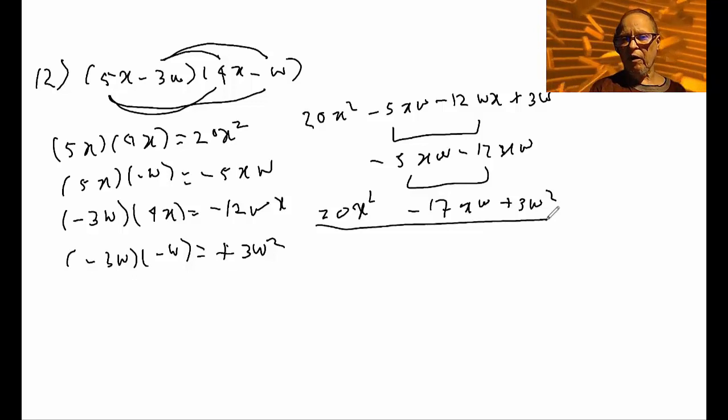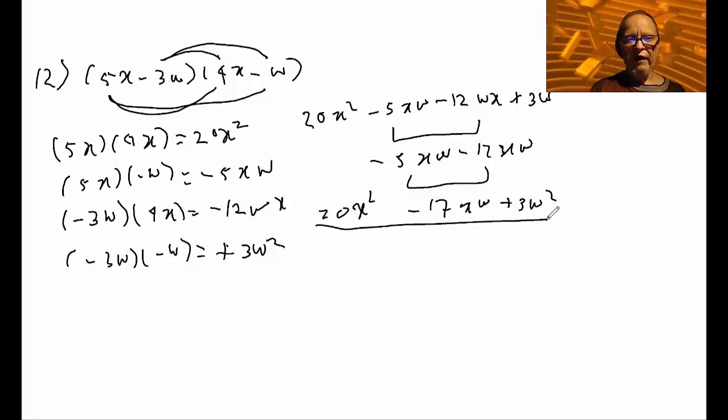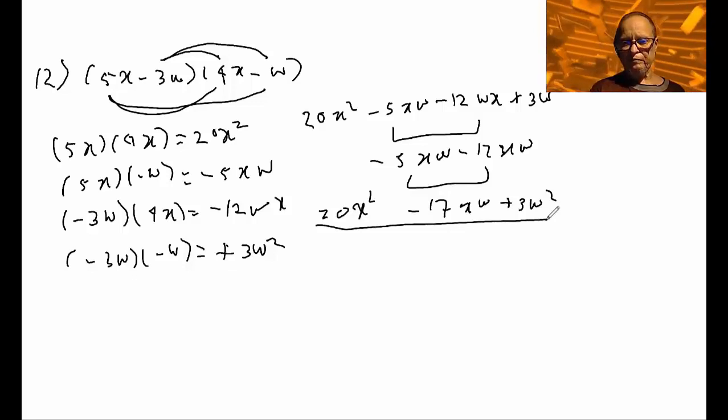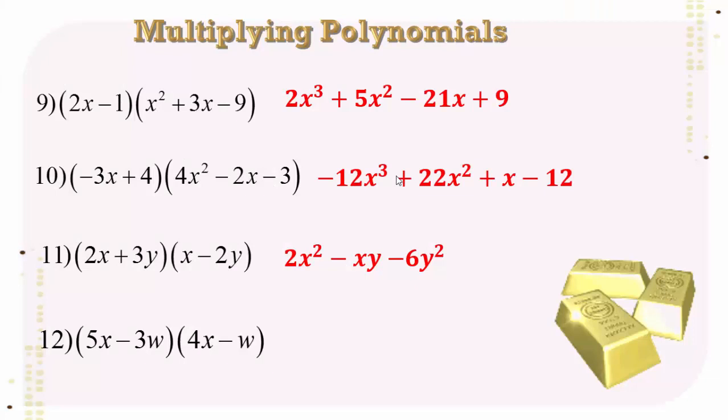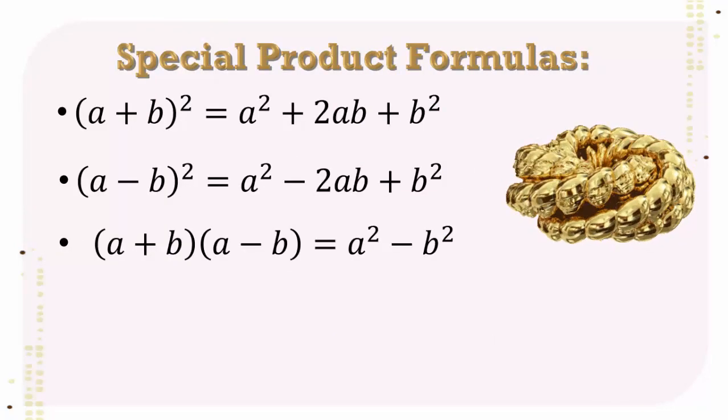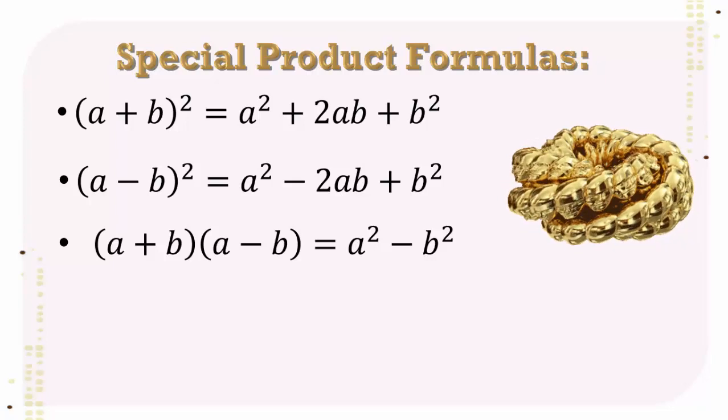We can't combine or simplify any more. So we found, for example number 12, after we multiplied the two binomials, that we got 20x squared minus 17xw plus 3w squared.